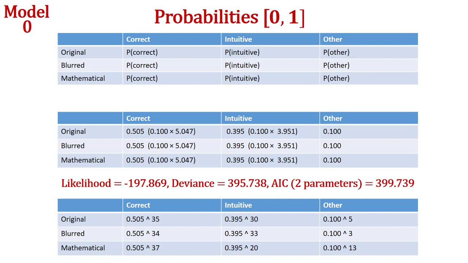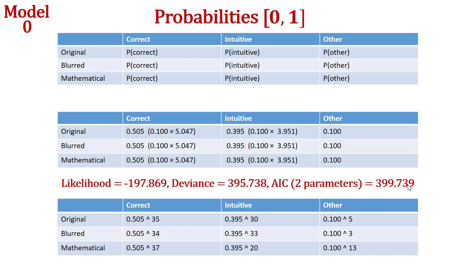By doing this, we are going to obtain a very small number, because if we multiply all these values less than 1, we get a very small value. When we obtain the logarithm of that, that's the likelihood, minus 197.8. We multiply the likelihood by minus 2, and we obtain this. We penalize for parameters, and this is the AIC of the model.